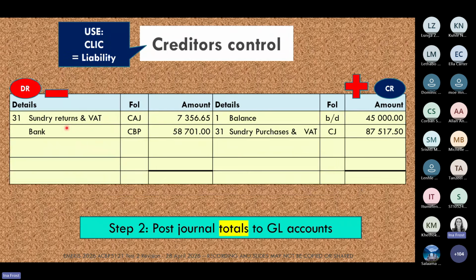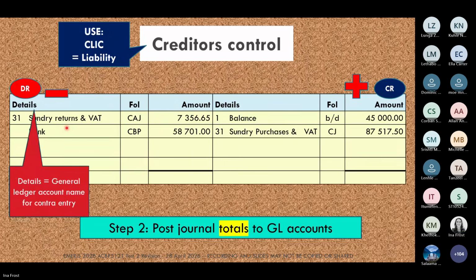Then the next thing, yes, this is what I just want to remind you. So details is your general ledger account name for the contra entry. So where's the other side of this entry? And the other side, we describe it here as sundry returns, but it will be the inventory and all the other items that were returned.